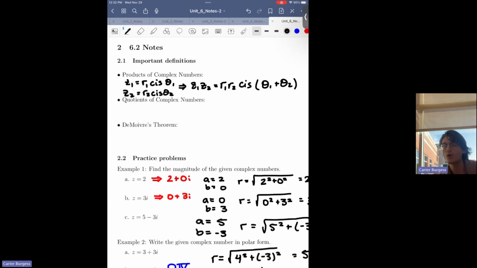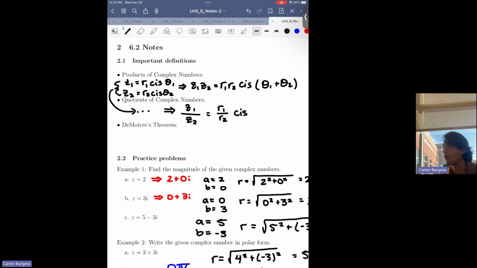For our quotient, for division, we get something incredibly similar. We have the exact same setup. So if I want to do Z1 divided by Z2, which before, remember, was that awful, maybe not incredibly hard, but fairly difficult task, now this is just a matter of dividing the magnitudes.